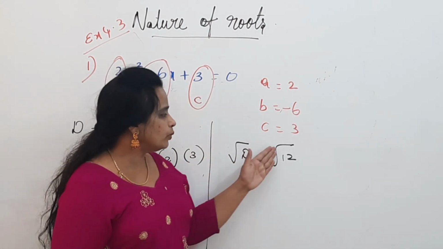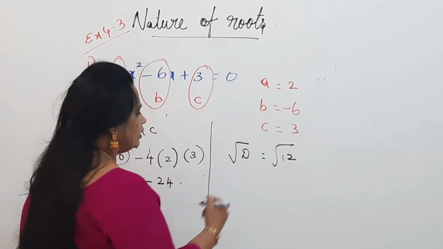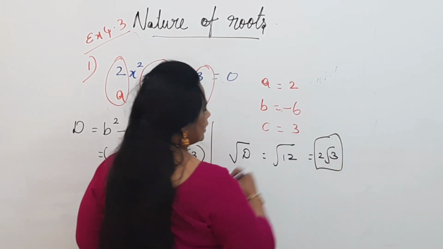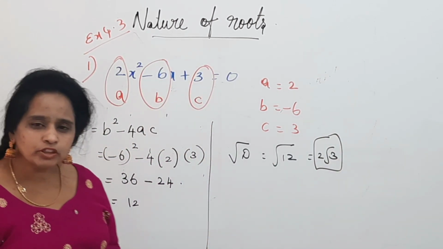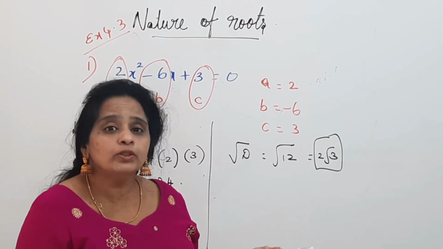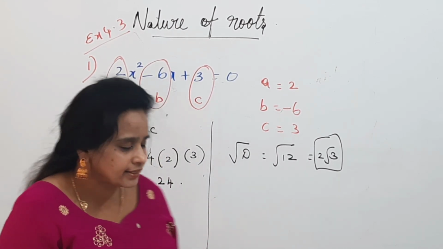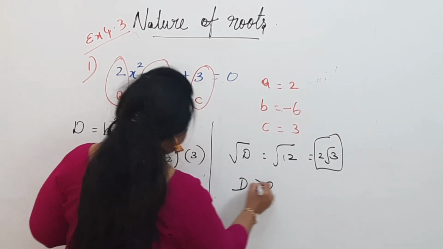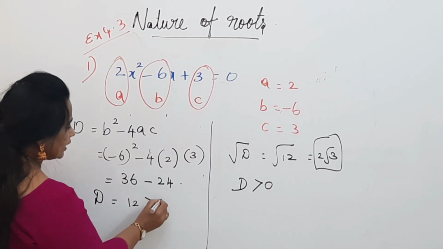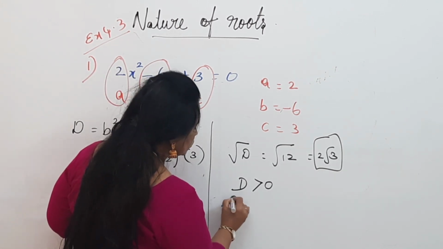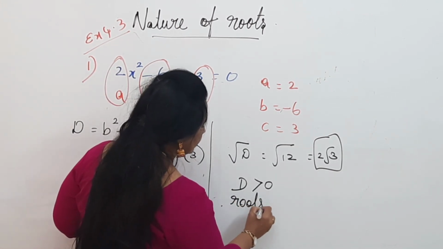So, root 12 can be written as how? It is equal to 2 root 3, which is an irrational number. Correct? So, it is possible to plot this 2 root 3. So, that means that the root exists, that number exists. So, we can say that D is greater than 0. You can see it is greater than 0. That means that its roots are real.